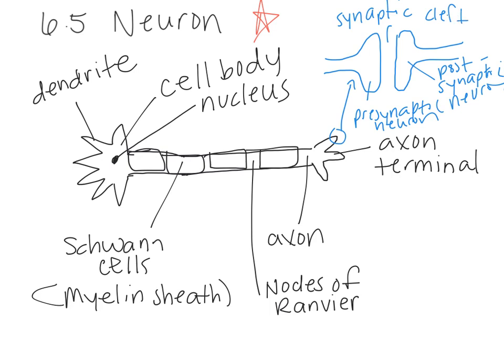Once the action potential, which you should always draw into your drawings, is going to go this way, once it reaches the end, it would cause those chemical neurotransmitters to diffuse across the synapse, bind to our postsynaptic neuron, and then begin a new action potential in this nerve cell.